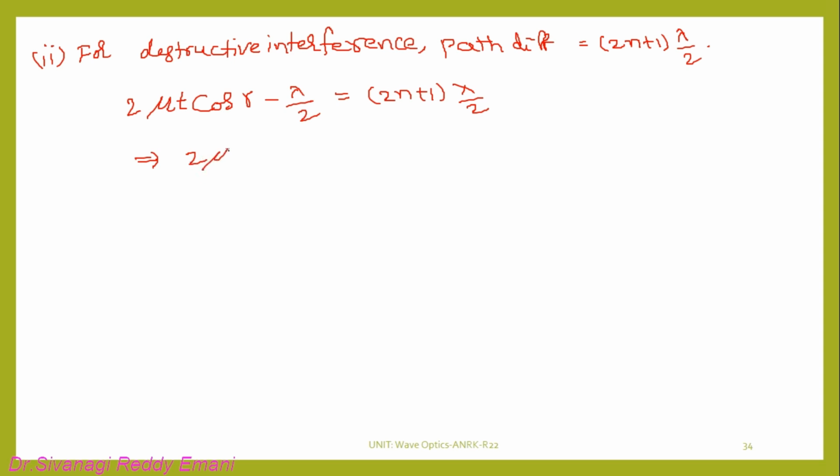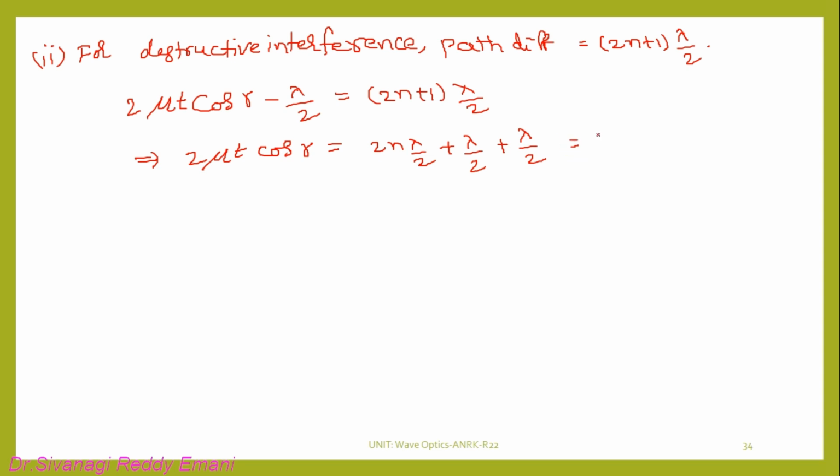Then we get 2 mu t cos r equal to 2n lambda by 2 plus lambda by 2, plus lambda by 2, since bringing that minus lambda by 2 across makes it plus lambda by 2.